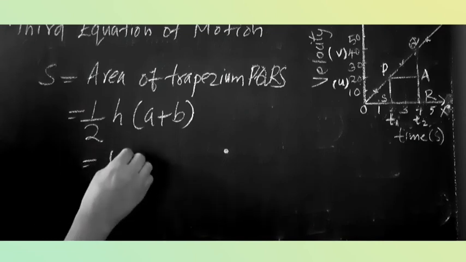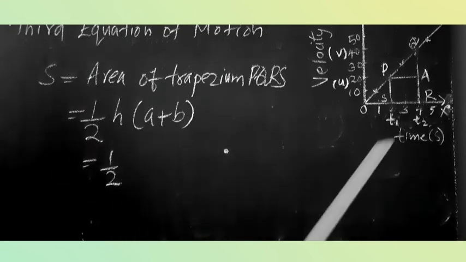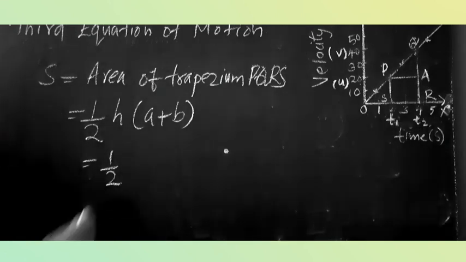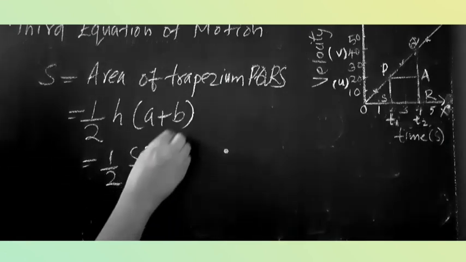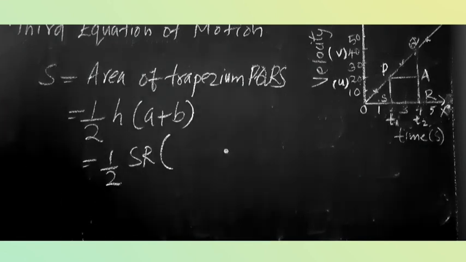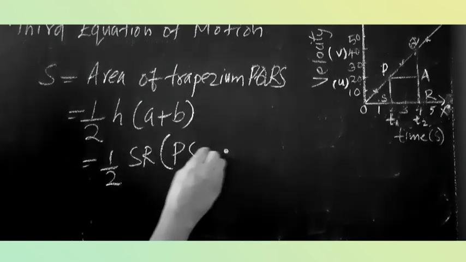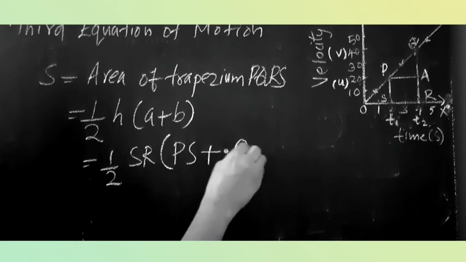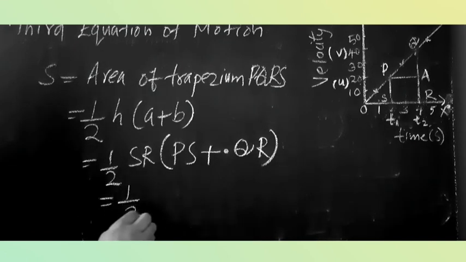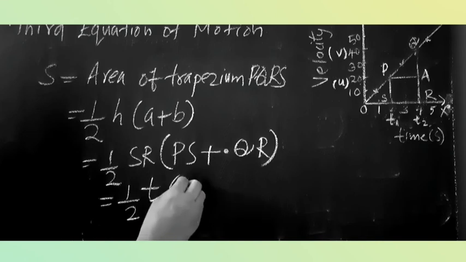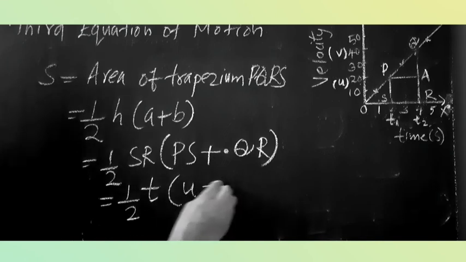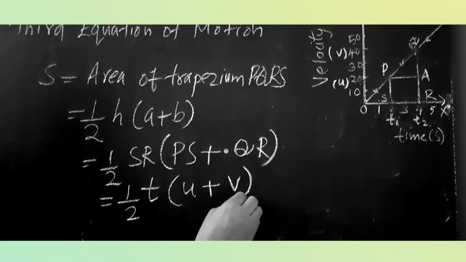As far as our graph is concerned, h is the time interval SR, a is PS, and b is QR. That is half into SR, which is t. PS we have already learned is the initial velocity u, and QR is the final velocity v.